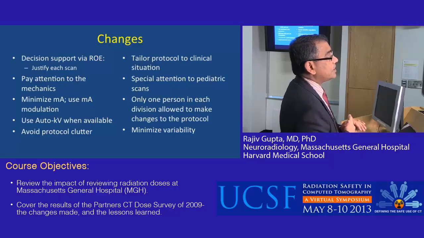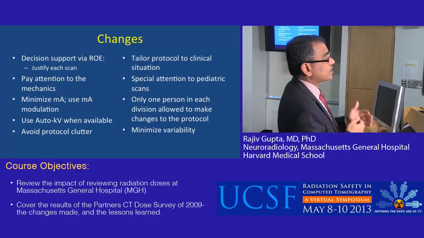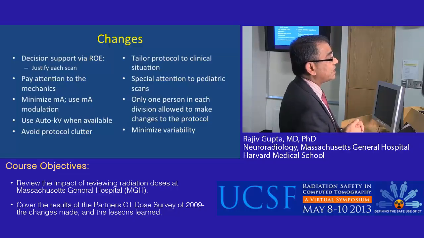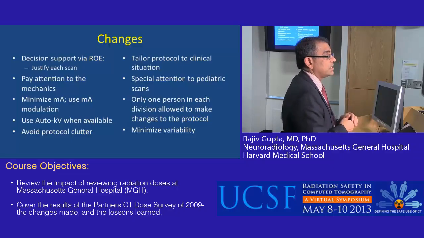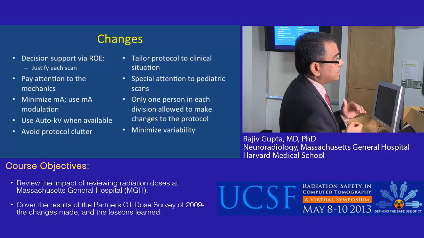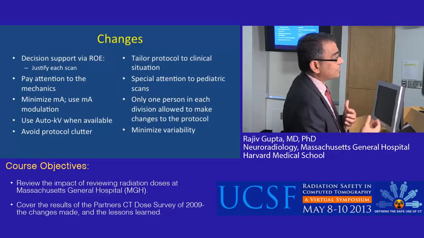First of all, we instituted decision support within the radiology order entry system. Every time a physician goes to order a scan, the system will inform him of the other scans that have been done recently, and what is the level of evidence for the indication that he is trying to get the scan for. Is this a well-justified scan or not?